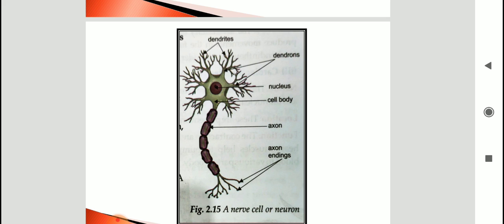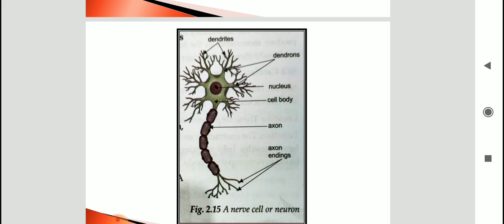Now this cell body is further branched. There are many branches you can see. The dendrons and dendrites, you can see the labelings also. Dendrons are short structures coming out of the cyton or the cell body, and they further get branched into dendrites.